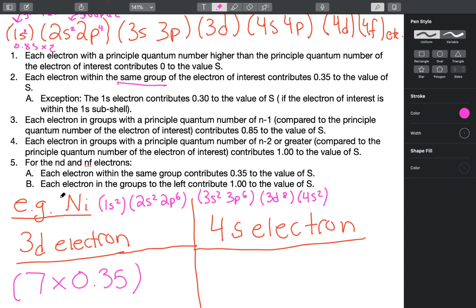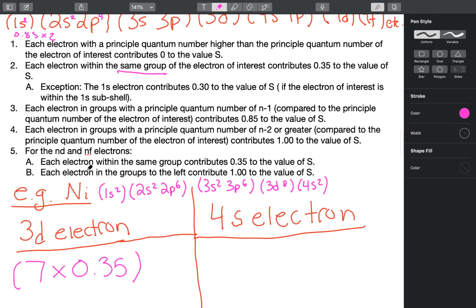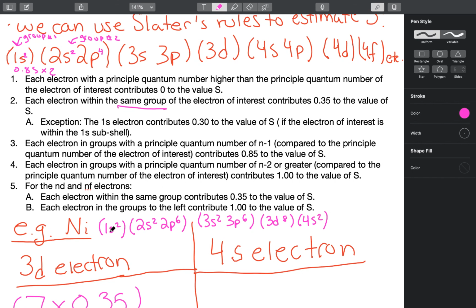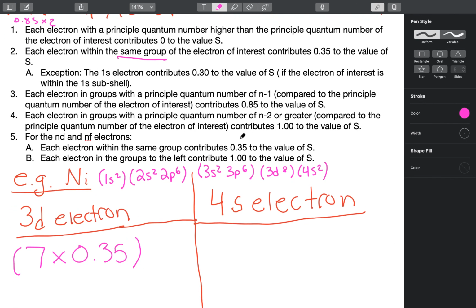Rule 5b states that each electron in the groups to the left contributes 1 to the value of S for an nd electron. So what we do is basically add up all of the electrons below our 3d8 subshell, or our 3d8 group. So we have 8 from this group, we have 8 from this group, and then 2 from this group. So 8 plus 8 plus 2 is 18.